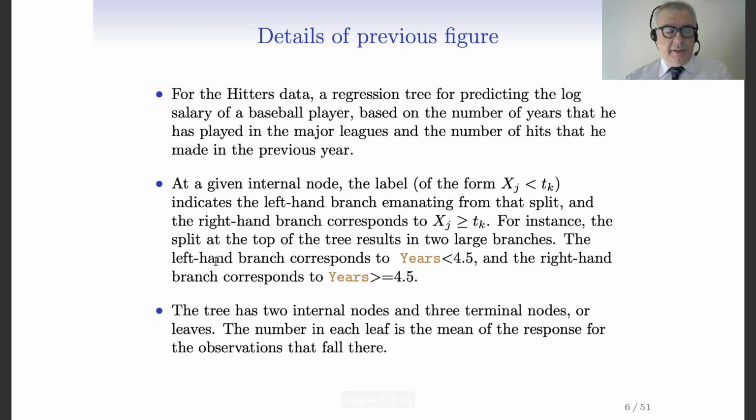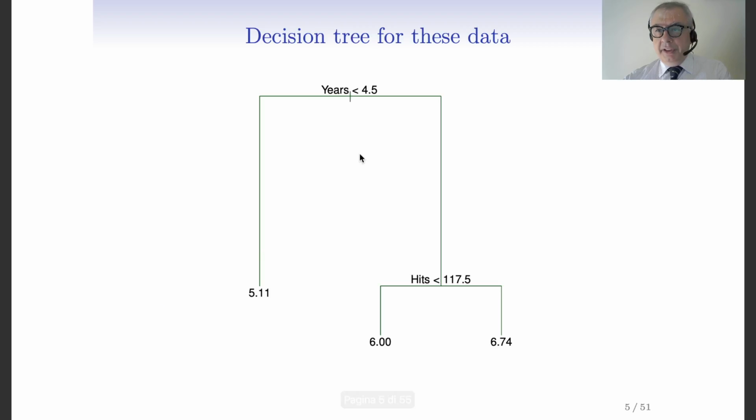It is the case that this is a tree where the leaves are at the bottom and not at the top. So usually you think of a tree as something that grows from the ground and goes to the sky. But the typical way decision trees are represented is upside down: you start from the top and you go to the bottom.